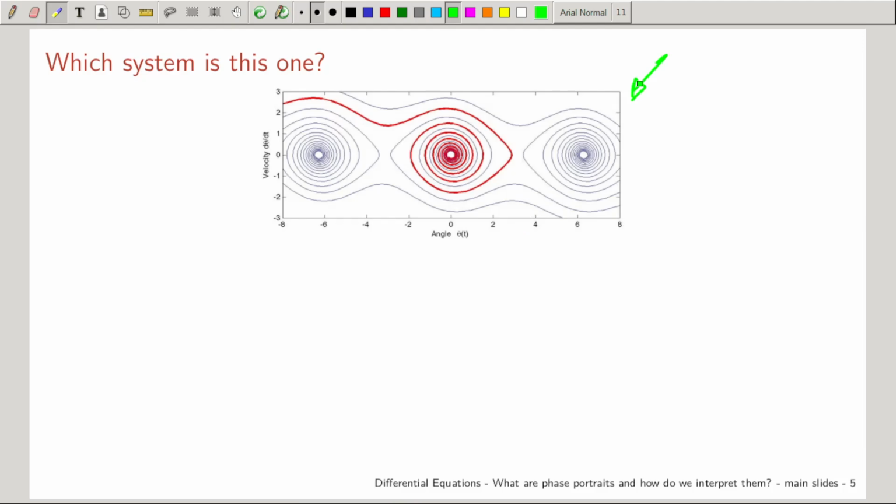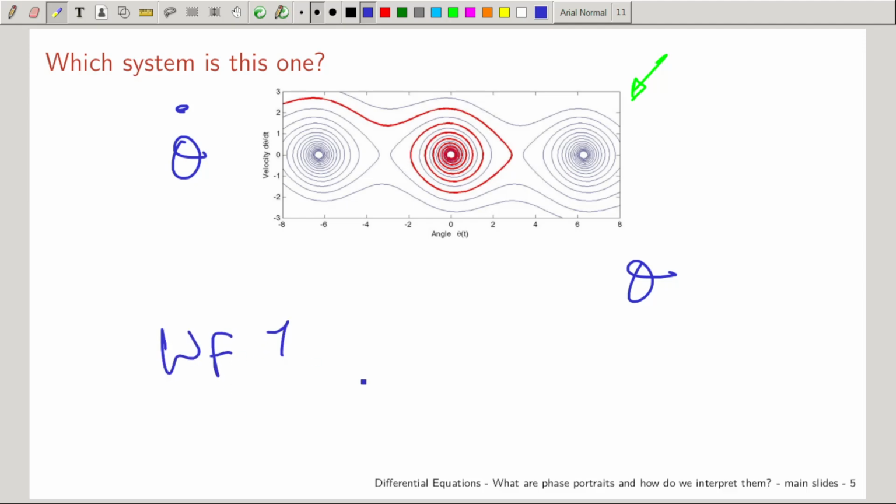Let's make another example. This is the phase portrait of something for which here I've got theta and here I've got theta dot. Okay? And I got something that goes and then goes to 0. Would you like me to show you how the physical system looks? Look at me. 1, 2, and then I do like this. This is a pendulum.